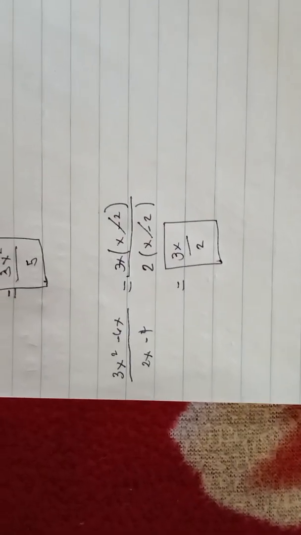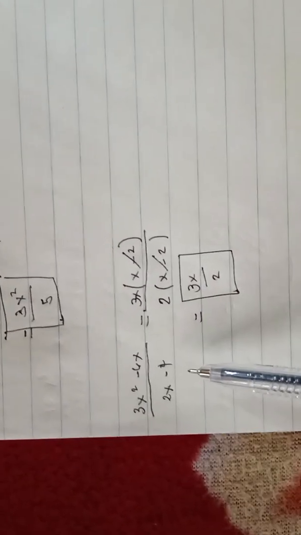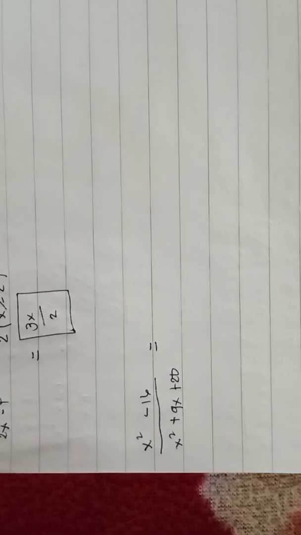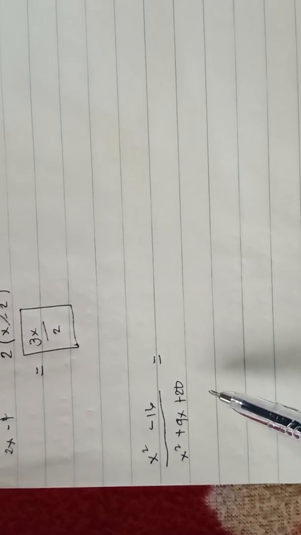Madali lang naman. Kailangan lang natin mag-isip kung paano natin sila ma-factor out. In our next example, as we can see, in our denominator, it is a trinomial at naging 3 terms na sila.